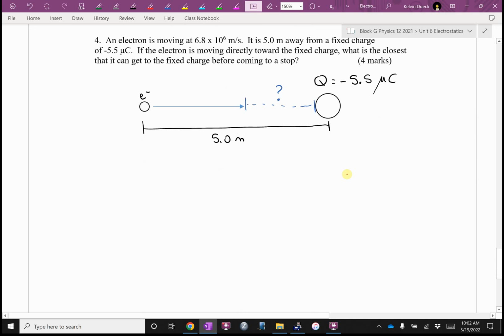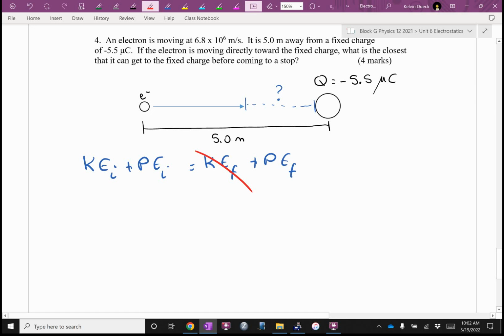Number 4, what's the closest it can get before coming to a stop? Is this asking how much work? No. So, conservation of energy. It looks like we're coming to a stop, so I can do that.